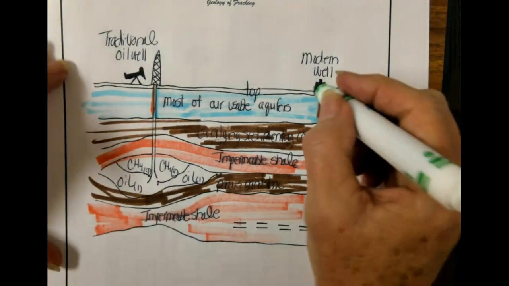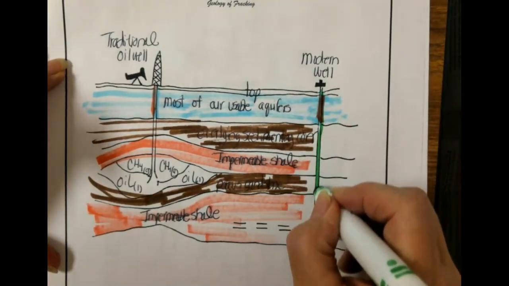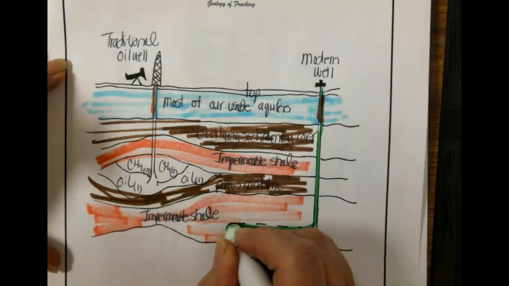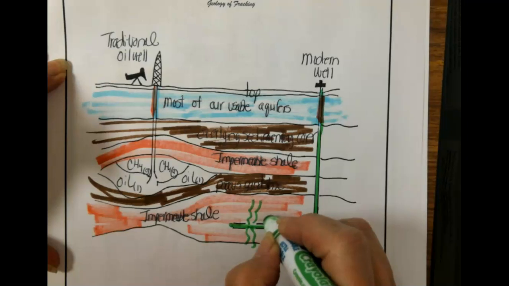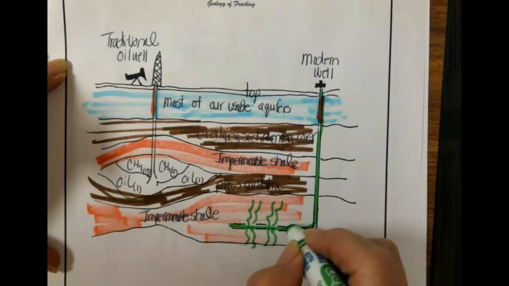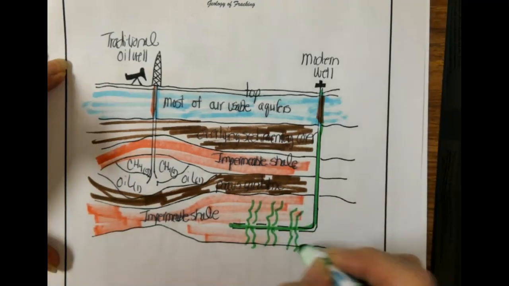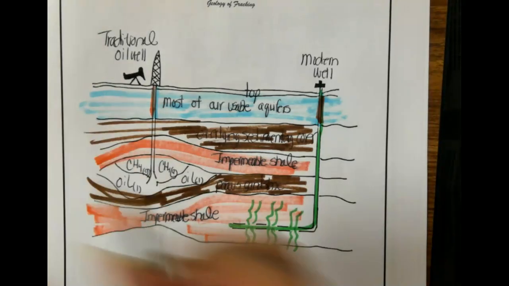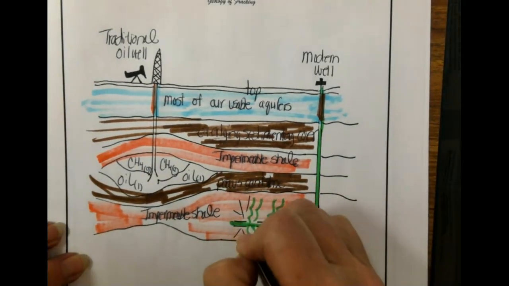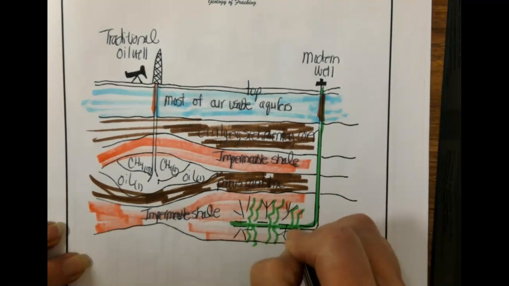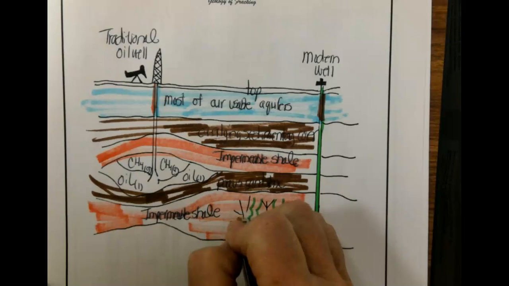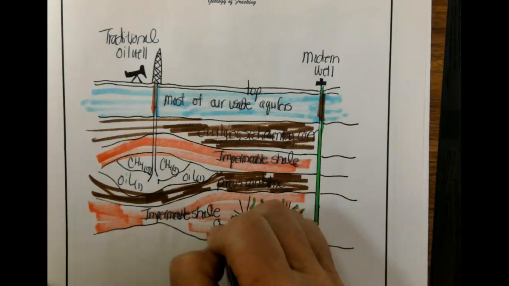So what they do is they pump a bunch of water and chemicals, and they blast this water and chemicals into this rock. And that fractures the rock, so the rock splits. Imagine it like a big pressure washer. The rock splits and out bubbles the methane gas.